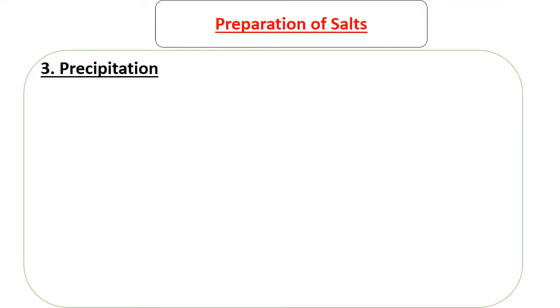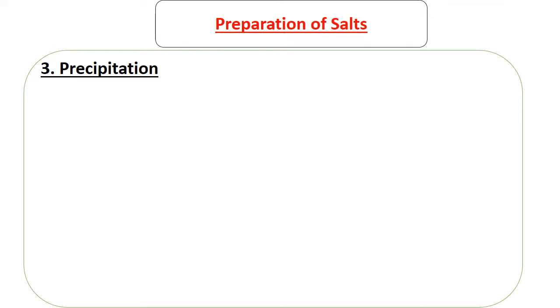What is precipitation? Before we define it in this context, where we're talking about preparation of salts, you remember that when we were studying solutions, we talked about a precipitate being an insoluble solute in a solvent, or a cloudy mixture of a solvent and a solute.